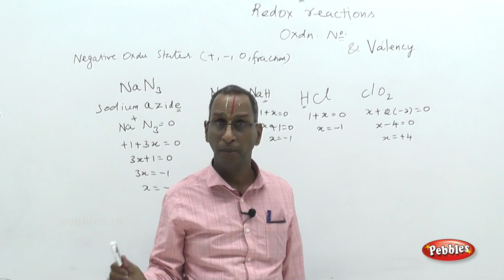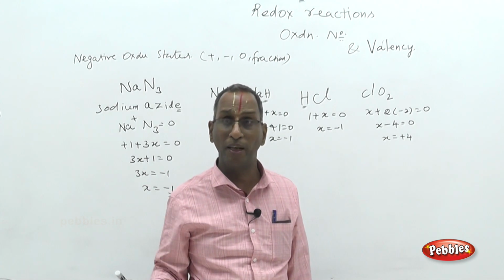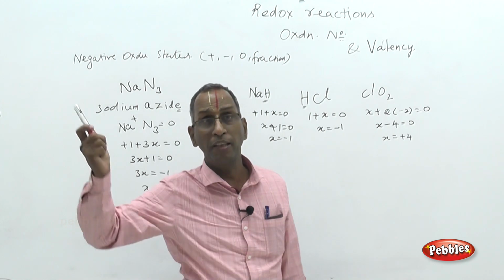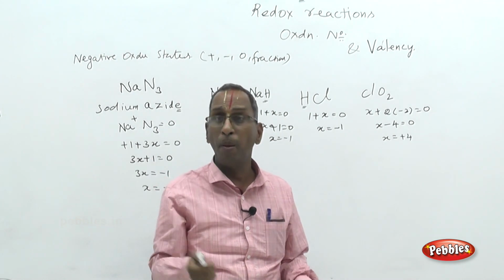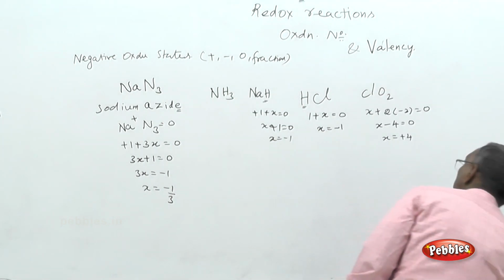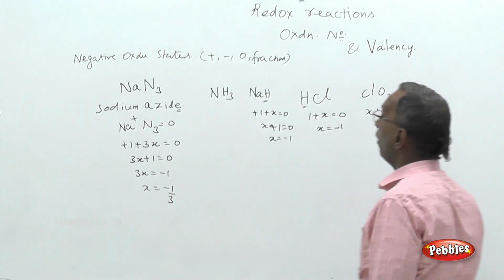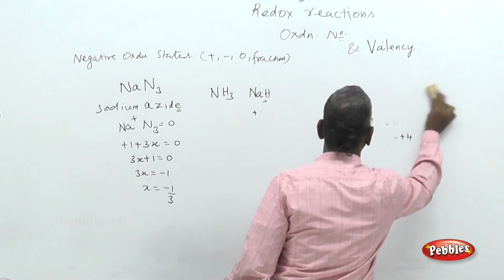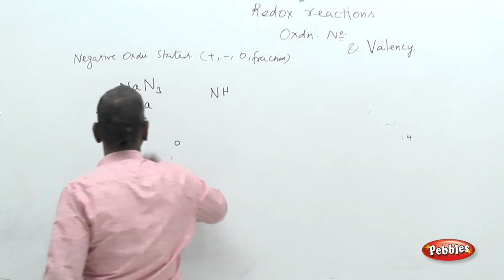Alkali metals are +1, alkaline earth metals are +2. So oxidation state decreases from left to right in the periodic table. The rightmost elements are halogens, which are the most electronegative and have negative oxidation states.